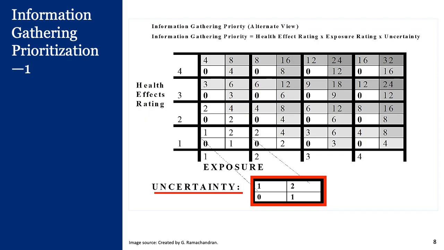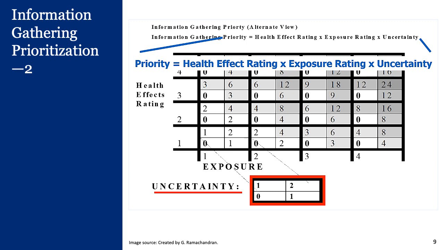We can add another feature to our health risk grid by including our assessment of the uncertainty in both exposure as well as health effects rating. So for each cell in our exposure versus health effects rating, we can add the element of uncertainty.